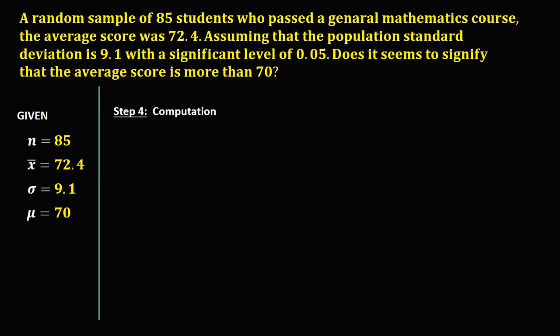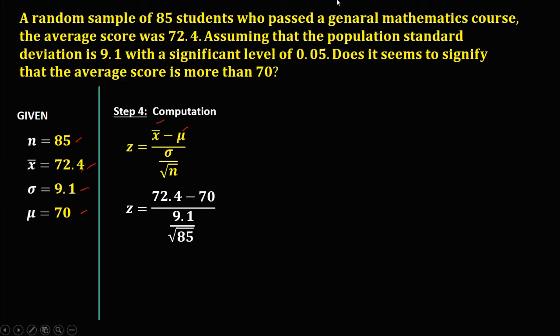Using this z-test formula, Z is equal to the sample mean, that's 72.4, minus the hypothesis mean or the population mean, that's 70, divided by the standard deviation, that's 9.1, over the square root of the sample size, square root of 85.